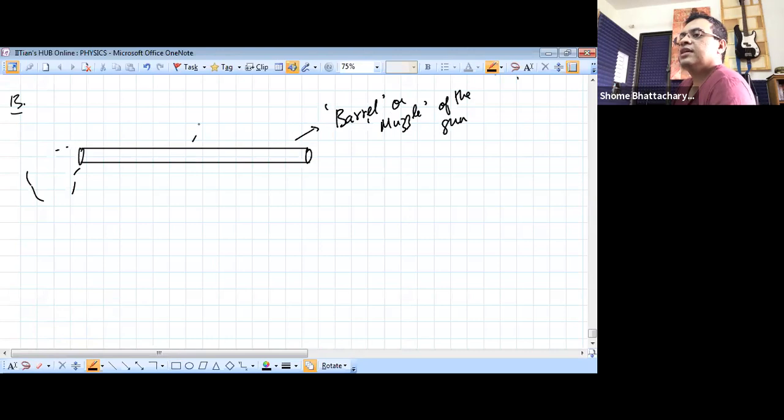Okay. So this has a length L. Now as the bullet comes out from this side, it has a final velocity of v. Okay. So a bullet of mass m. But when it starts at the back of the muzzle, when it starts its journey, where basically it is hit by the piston of the gun, and there's a fast combustion reaction which causes it to get propelled forward, we'll assume its initial velocity is 0.